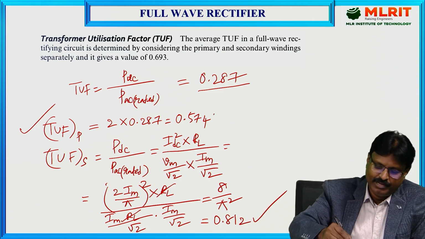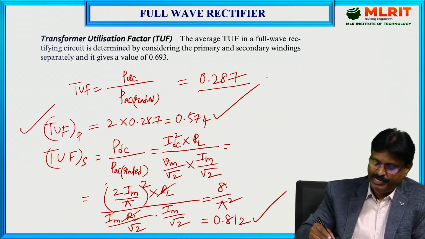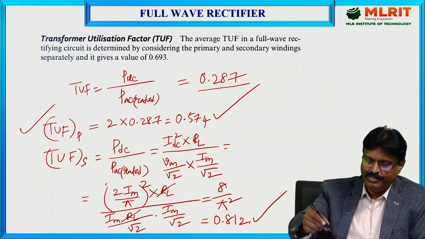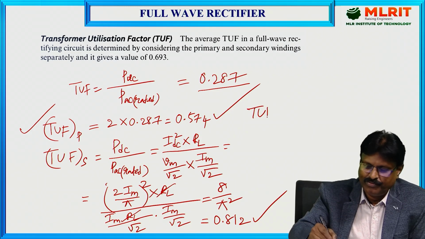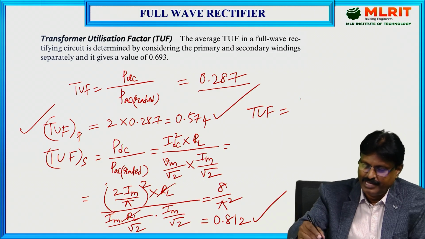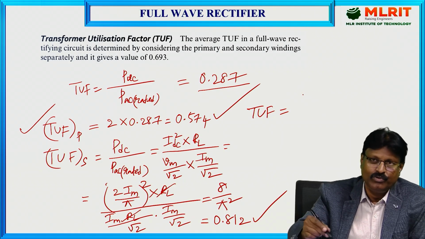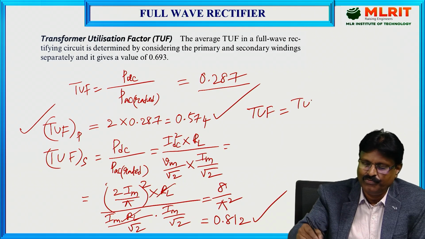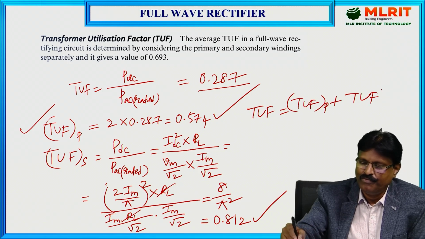So this is a primary TUF value and this is a secondary TUF value. So finally the TUF of full wave rectifier can be written as the average of two TUFs. That means TUF of primary plus TUF of secondary by 2.